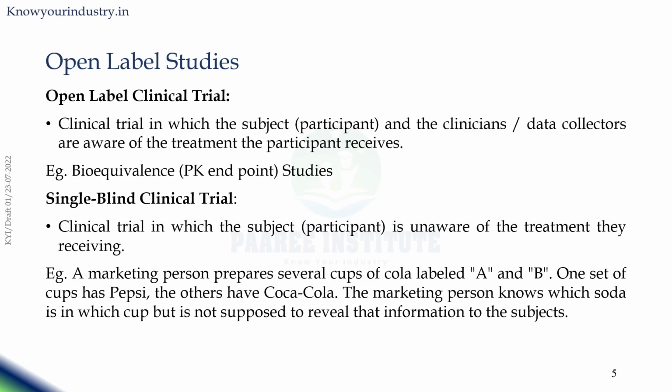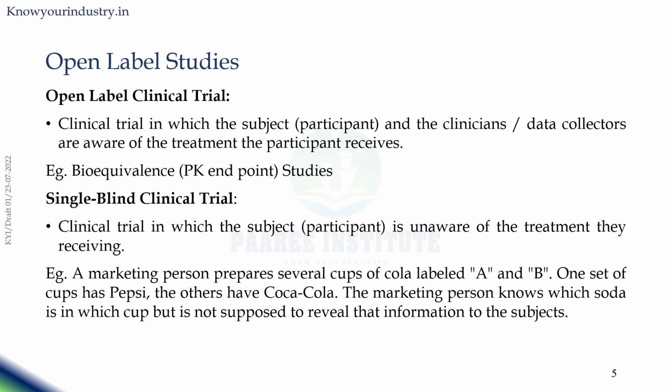Now we are going to see the different trial designs in much more detail. So now about open label studies. What are open label studies? A clinical trial in which the subject, participant and the clinicians or the data collectors are aware of the treatment the participant receives. For example, bioequivalent studies.